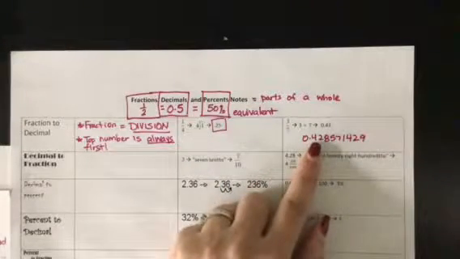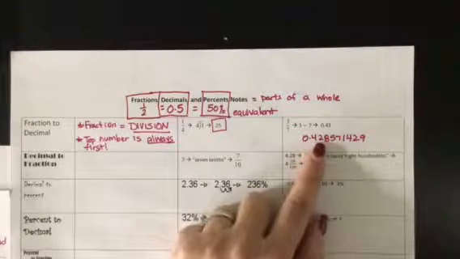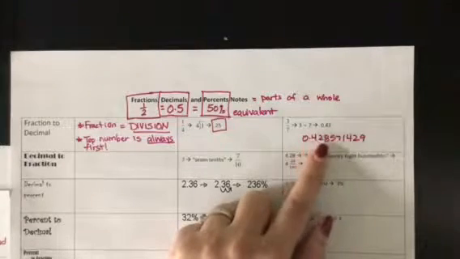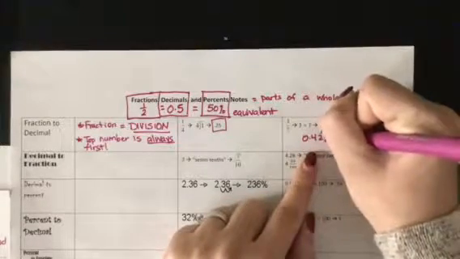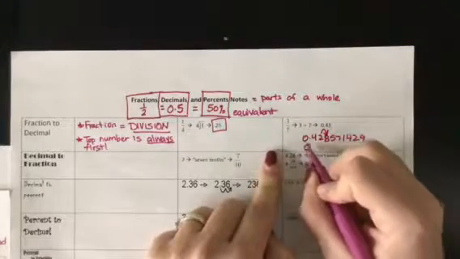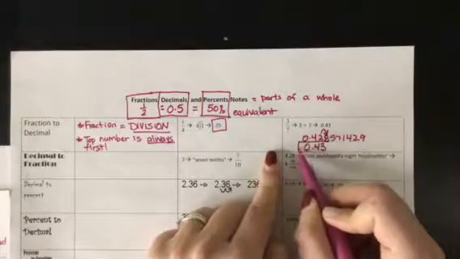If there are directions to round it, then round it appropriately. So in this case, they've rounded to the hundredths place. Okay, so the 2 would round up to a 3 because that 8 is going to bump it up. So 0.43.